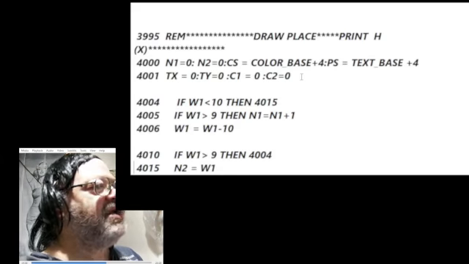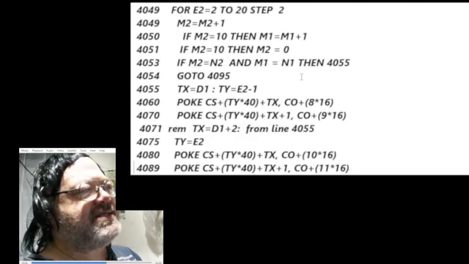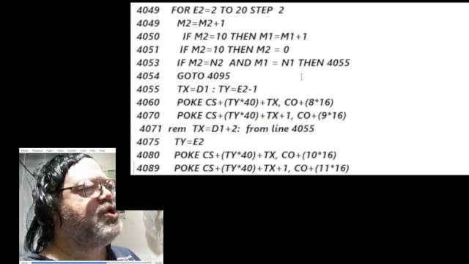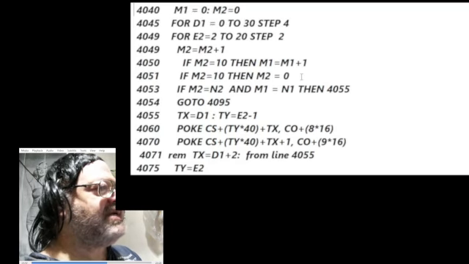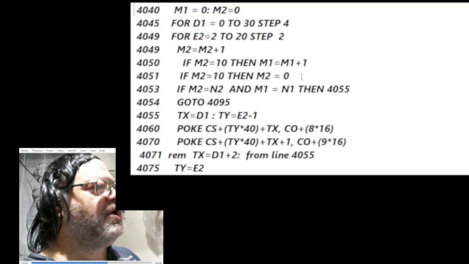Draw, place. Now this draw, place for the pieces, this is for the computer's pieces, the 20 he's chosen, and it's just a hot mess. It has to count with M2 equals M2 plus 1, and, what was I doing with that?